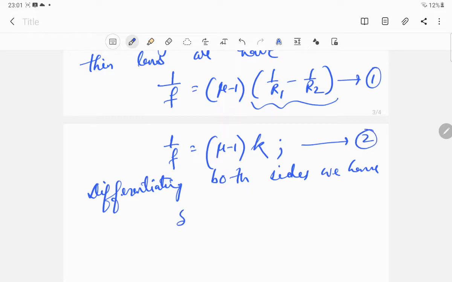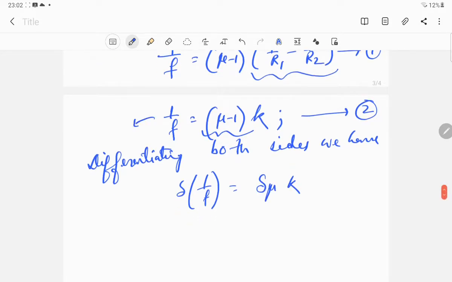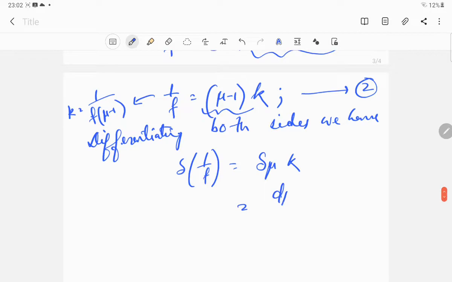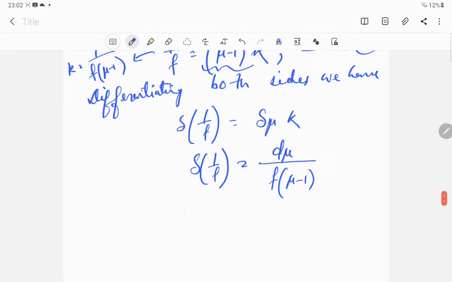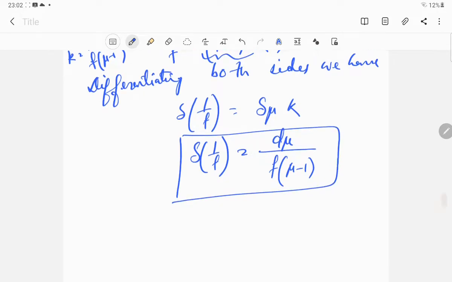So it will be del(1/f) = k del mu, since k is constant. From here, k = 1/(f(mu - 1)), so del(1/f) = del mu/(f(mu - 1)). So this is a generalized situation for a thin lens.